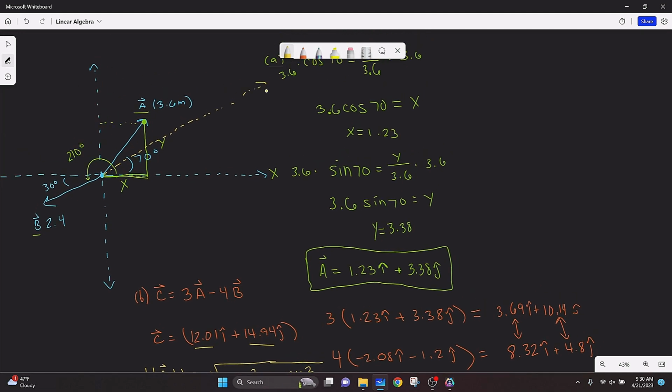Right here, this is vector c, and that's 19 meters, and then we can make this a solid line actually. So here's our new vector, 19 meters, and the angle is 51 degrees. This angle was 70 degrees. And so here we go, that's our new vector.